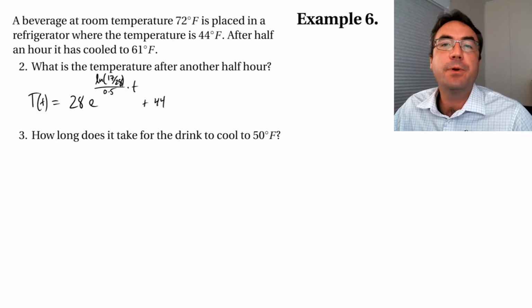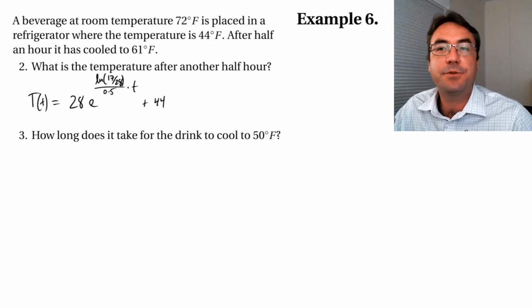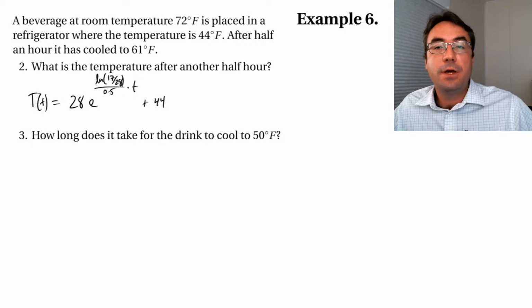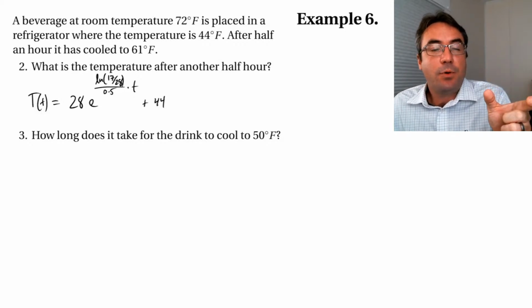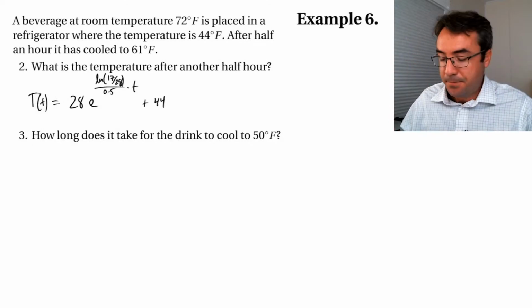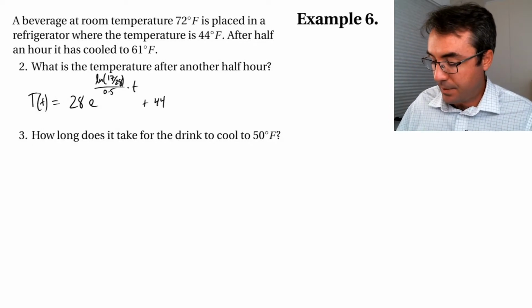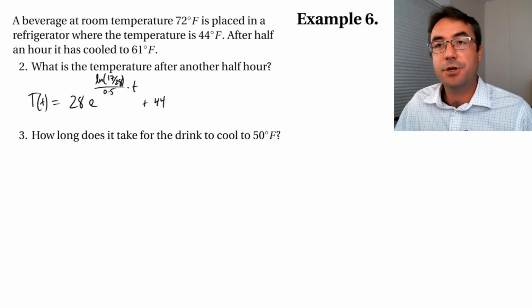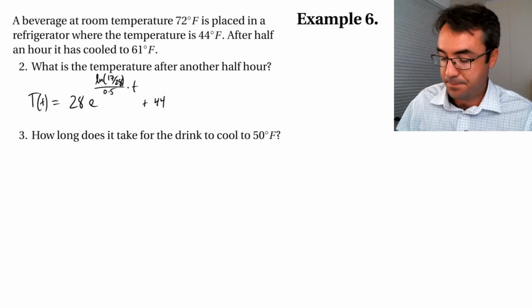And in part 2 here, we want to figure out the temperature after an additional half an hour goes by. So from our initial data point, half an hour went by. Now another half an hour went by. So really what we're trying to figure out is the temperature after 1 hour.